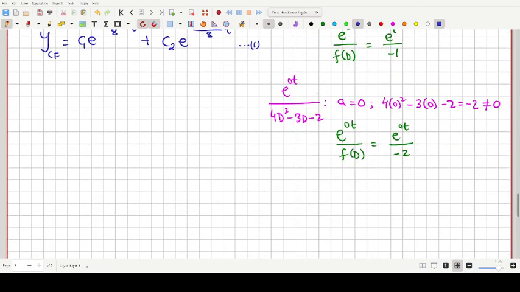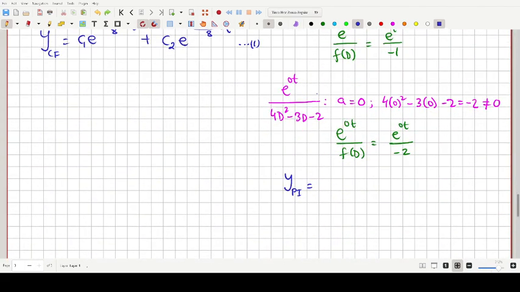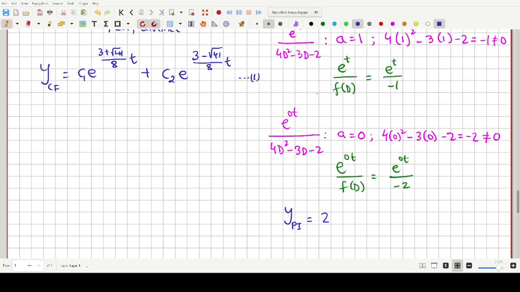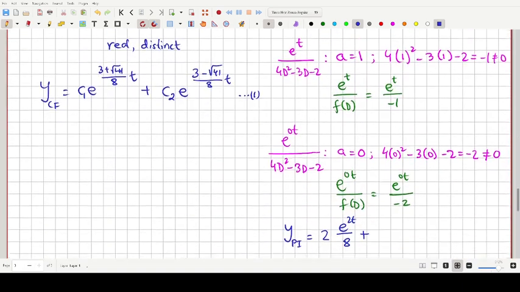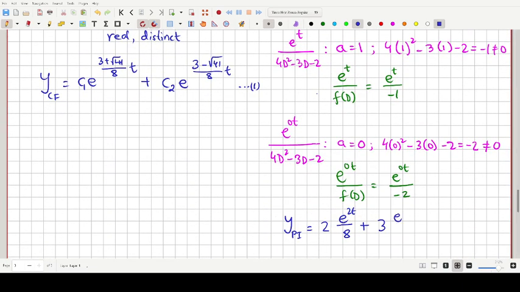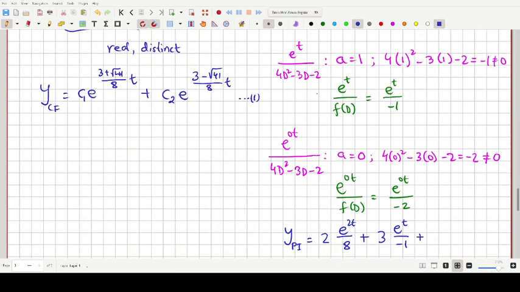So y_PI is 2 times the first one, which is 2 times e^(2t) divided by 8, plus 3 times e^t divided by negative 1, and then plus 4 times the last one, e^(0t) divided by negative 2.